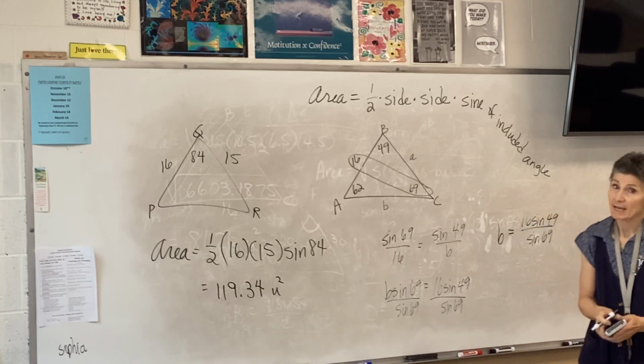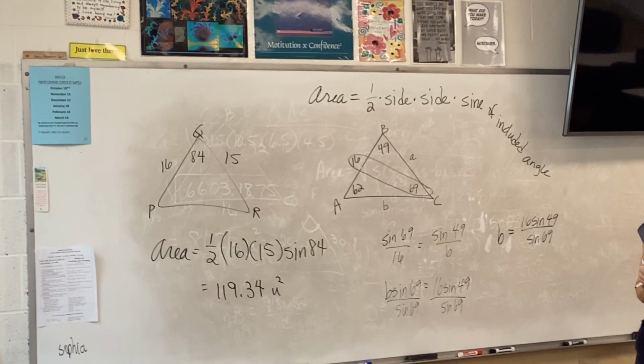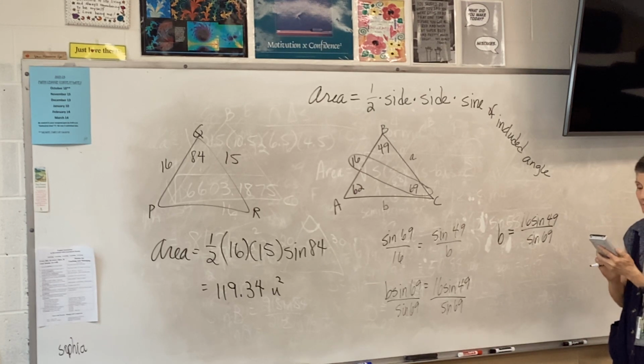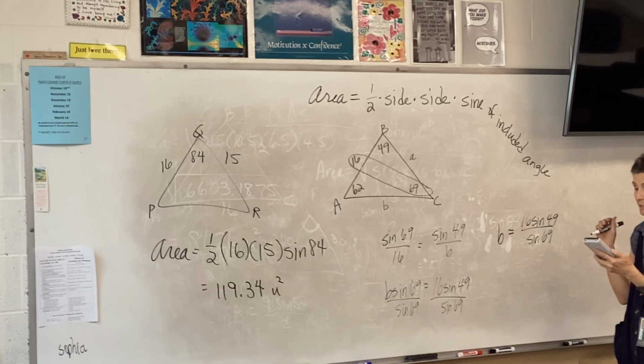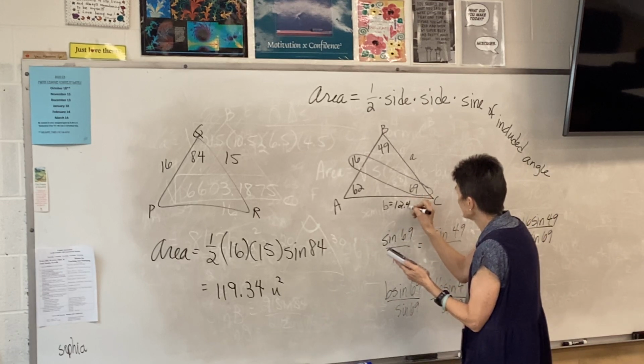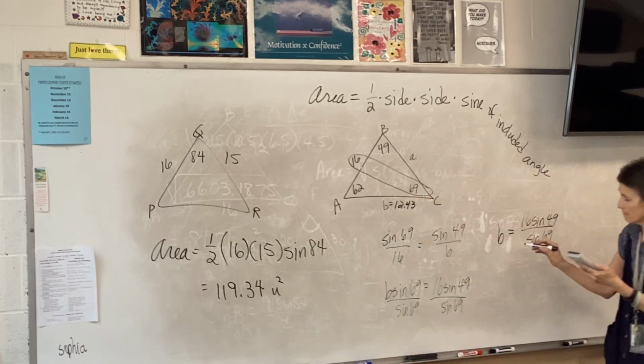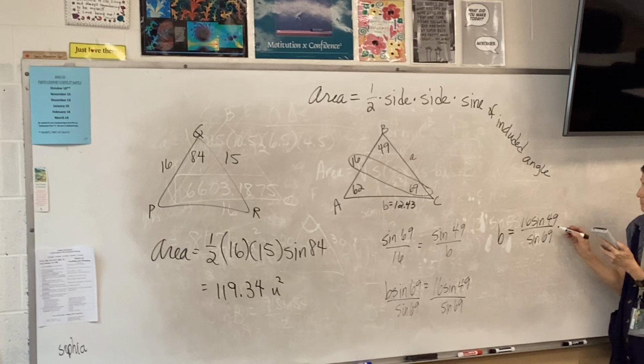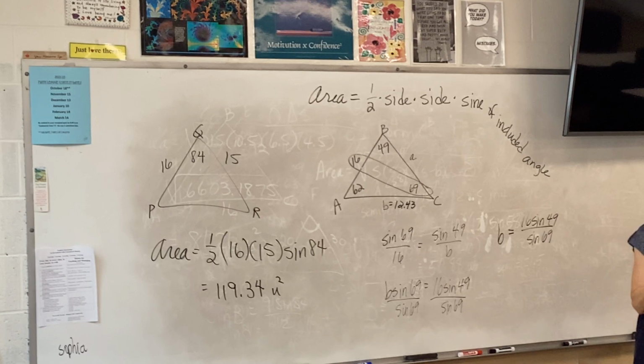That's side B, that's not an angle, so please don't be second signing this. This is just straight typing in. 16 sine 49, close parentheses, divided by sine 69 equals 12.93. So side B, if I typed it in right, comes out to be 12.93.